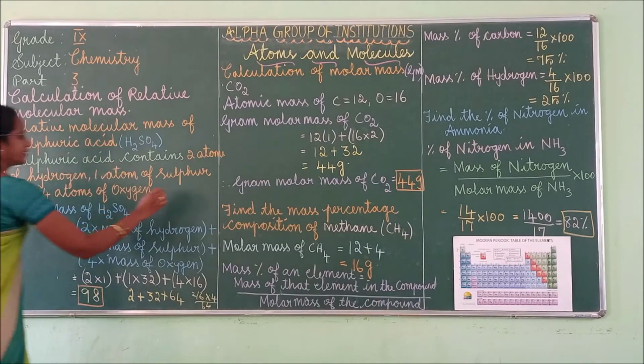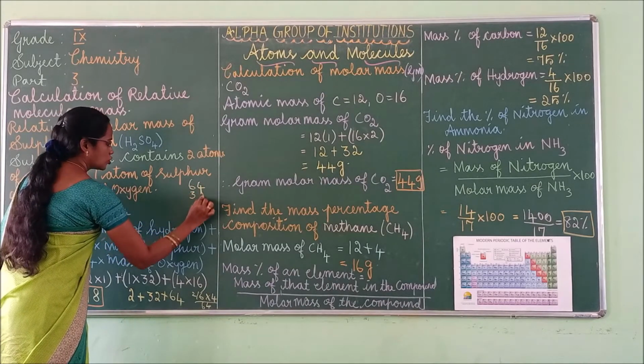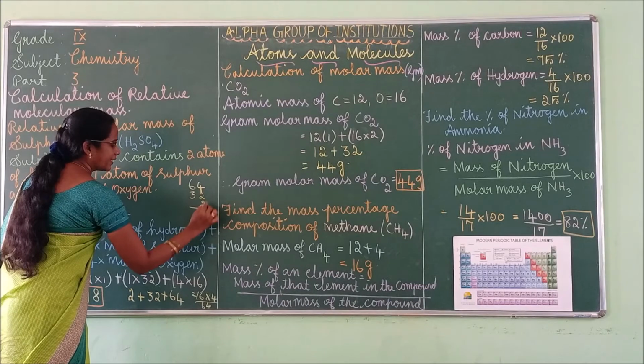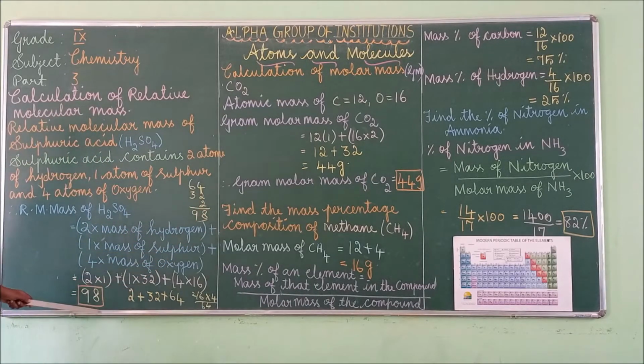When you add these, 64, 32 and then 2, we get 98. So the relative molecular mass of sulfuric acid is 98.